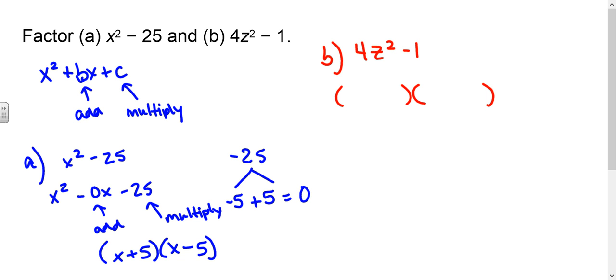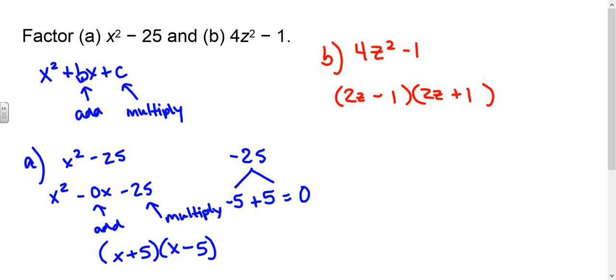Well, I'm going to have 2 and 2, because 2 times 2 is 4, so it's going to be 2z and 2z. And then I have to come up with the other one. I'm going to come up with numbers that multiply to be negative 1, and they have to add to be 0. So that would be negative 1 and positive 1.